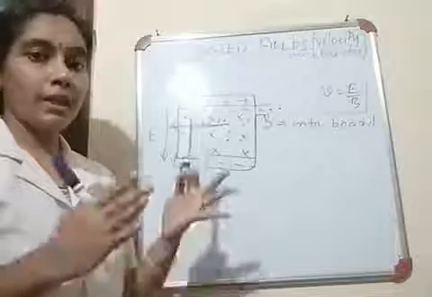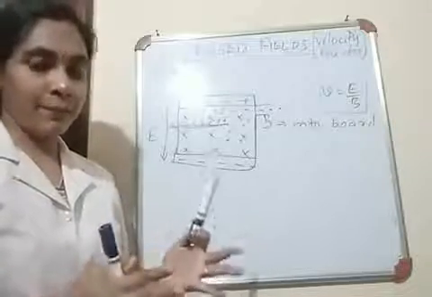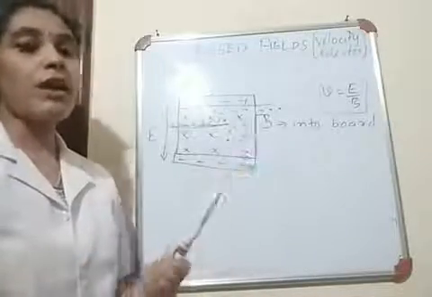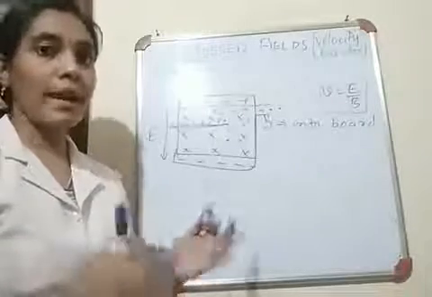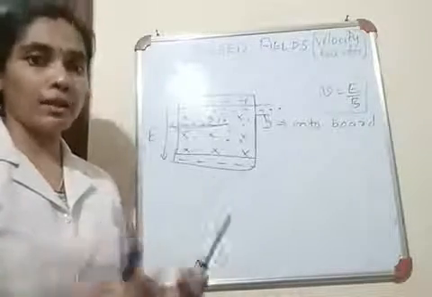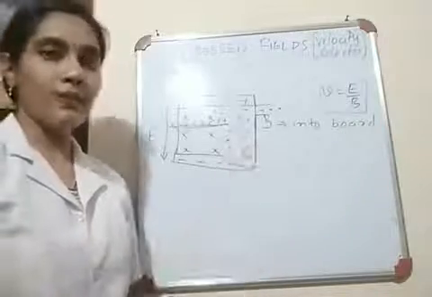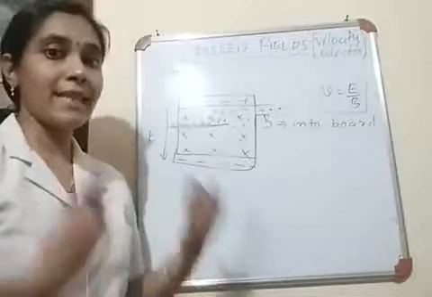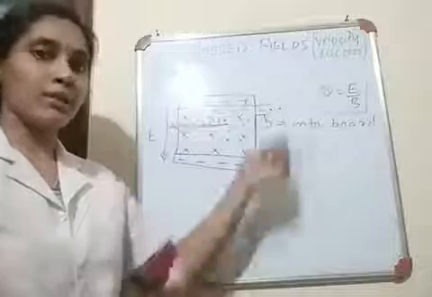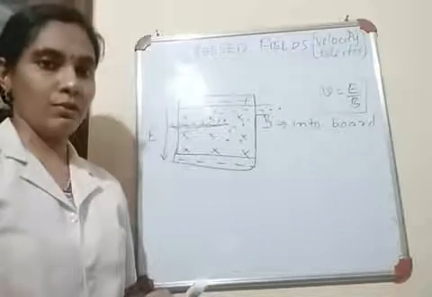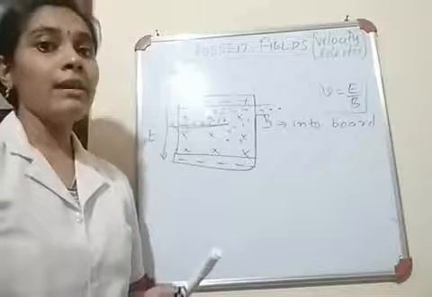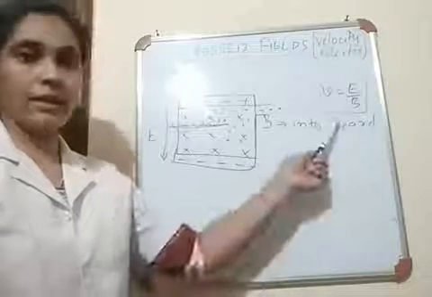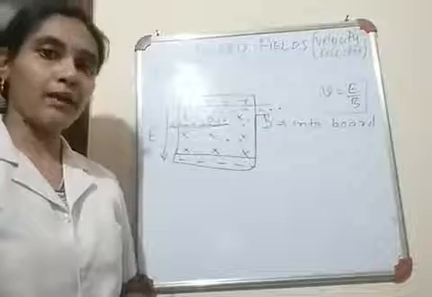That's why we consider this crossed field as a velocity selector, because we are able to select a group of particles with this specific velocity. So crossed fields can be considered as a velocity selector, and this is the condition: V equal to E by B.